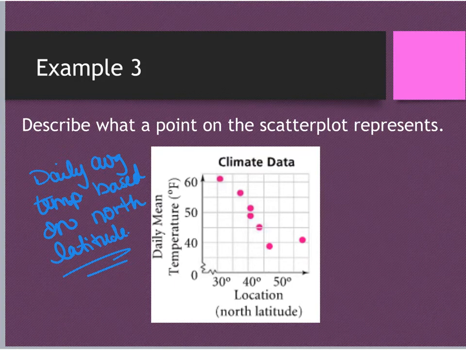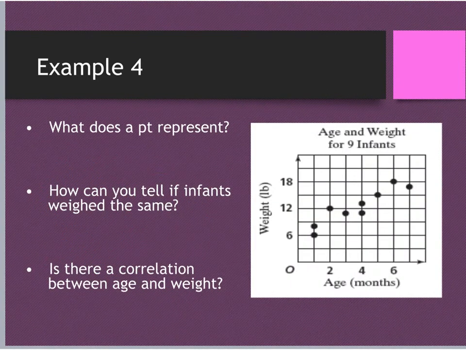When I look at this scatter plot, I would say that my graph overall is tending to decrease as I move from left to right. Okay, so this might be a negative correlation. For example 4, it says, what does a point represent on the graph? And again, notice we have the age and weight of 9 infants. Our x-axis is our age in months, and our weight then would be the y-axis measured in pounds.